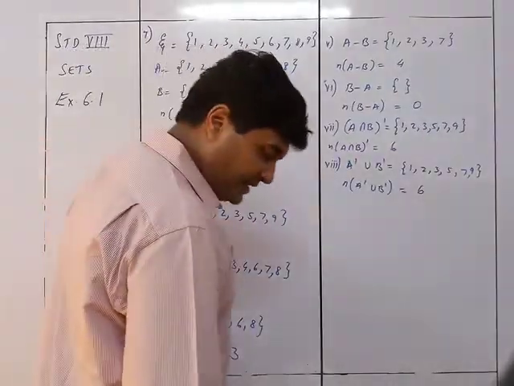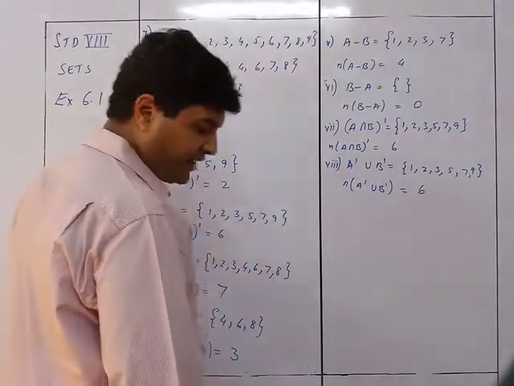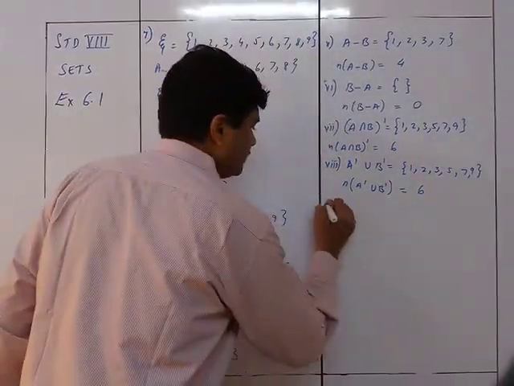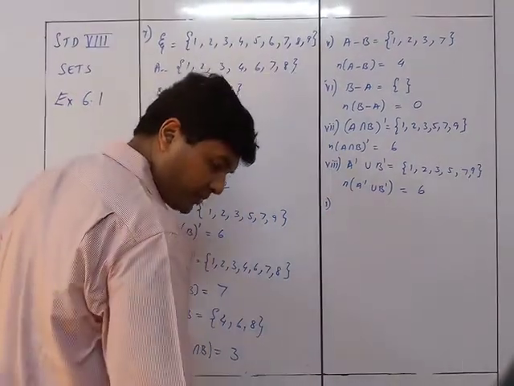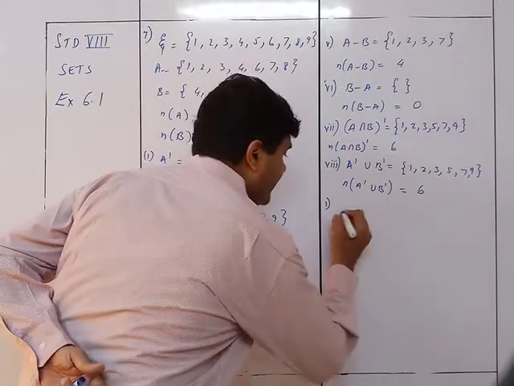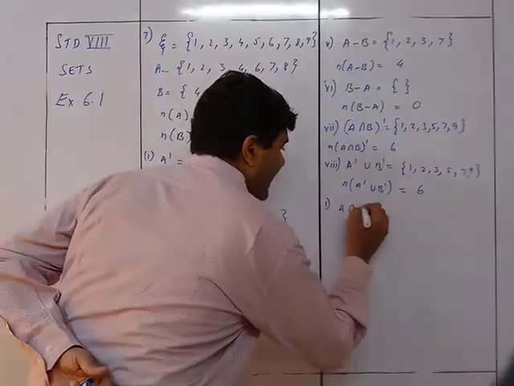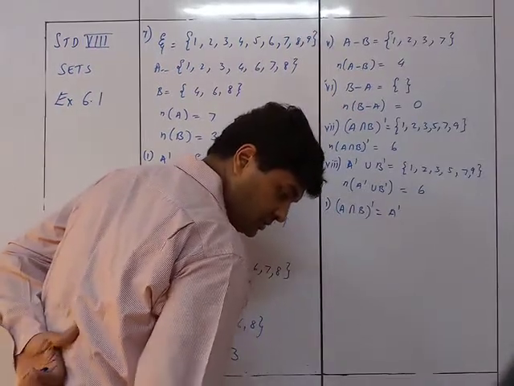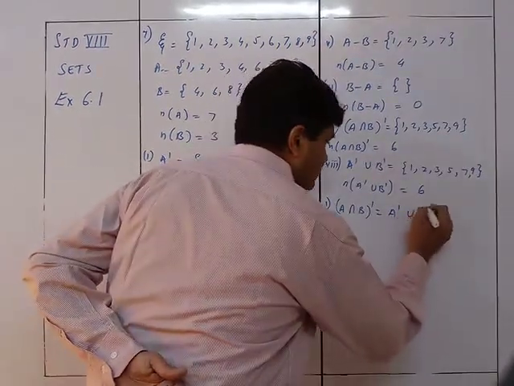Now let us see the verifications they want, one by one. The first one is (A intersection B) dash is equal to A dash union B dash.